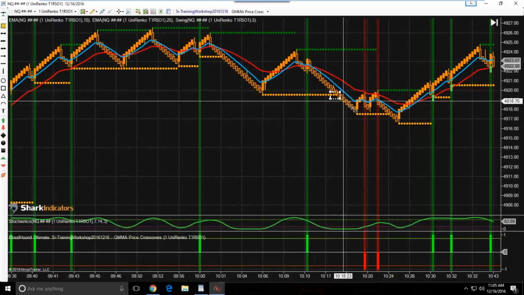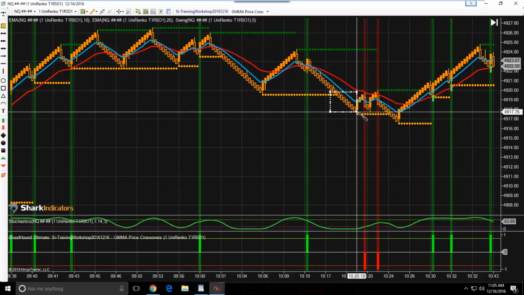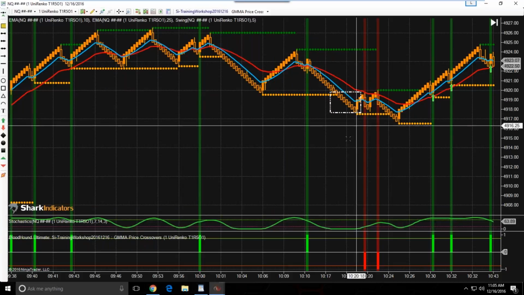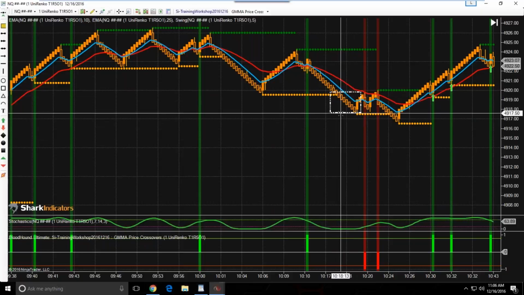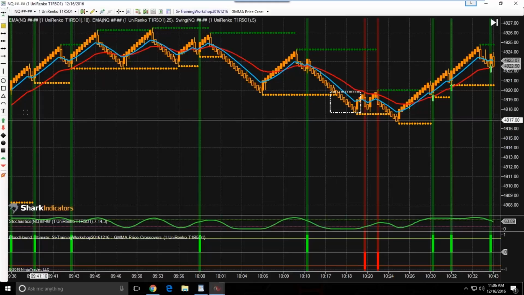You can see here where price breaks below the low, and this is when the trade signals are to be allowed, so to speak.